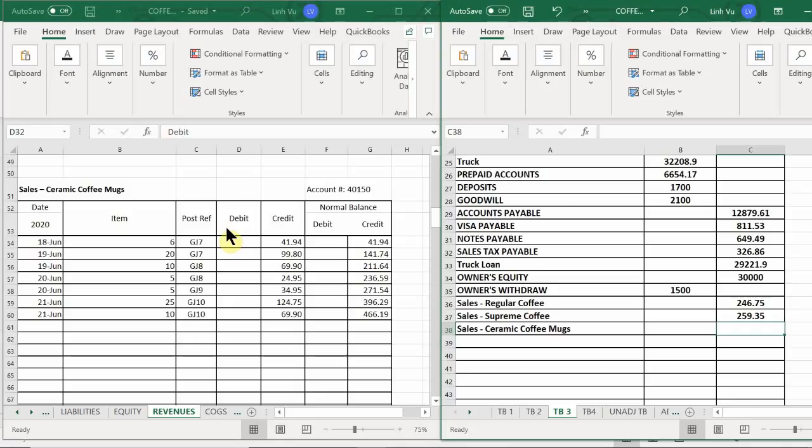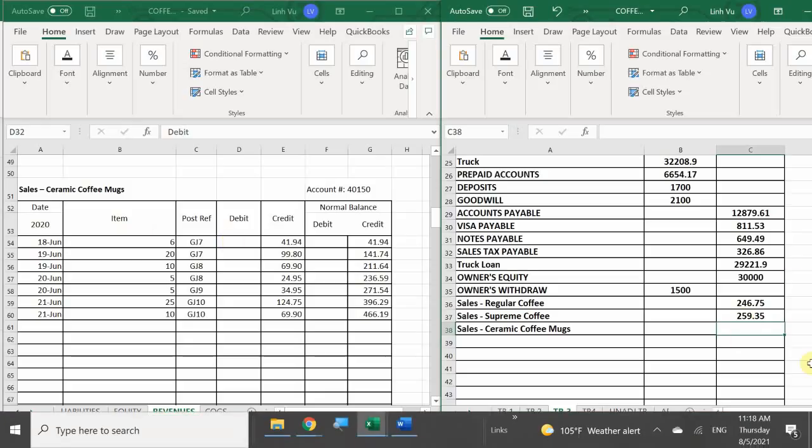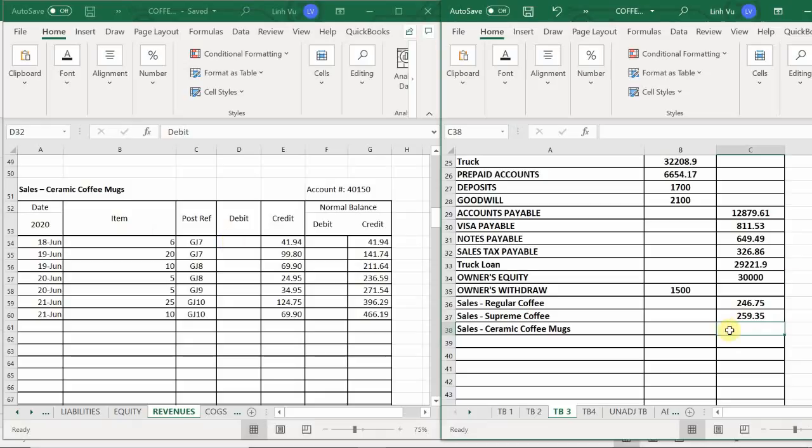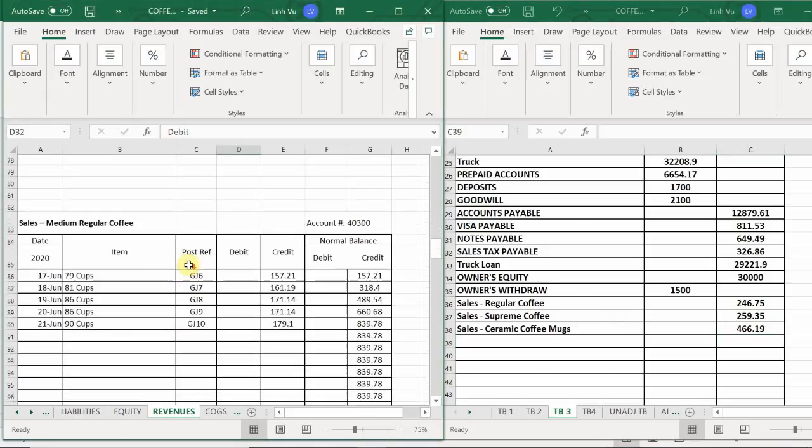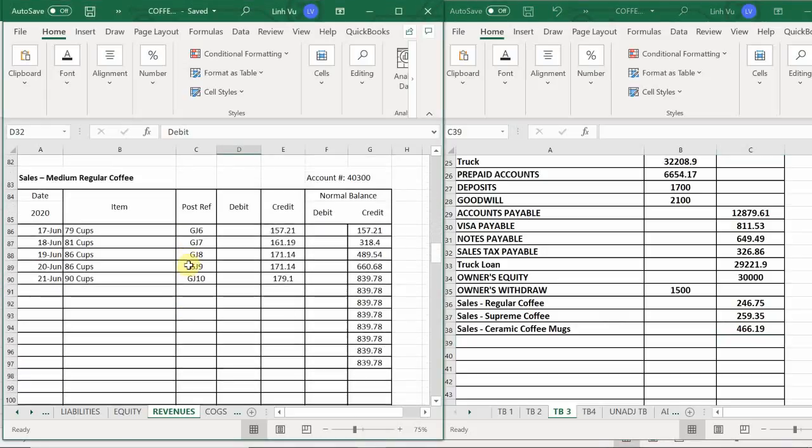For the ceramic coffee mugs, how much did I sell? 466.19. Good. Now here's the sales for the medium regular coffee.